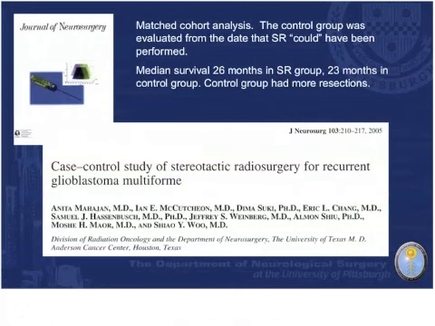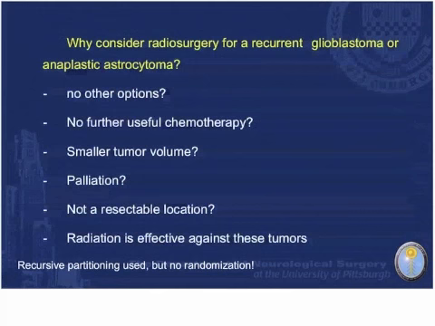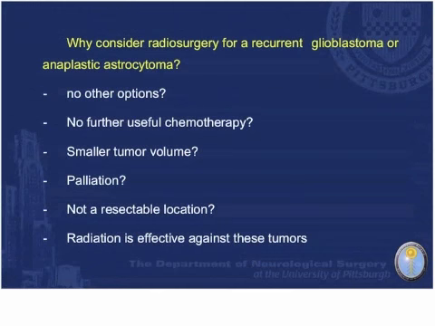Another study from University of Texas in this matched cohort analysis showing the same thing. Another study from Northwestern using the recursive partitioning analysis, but again, not randomized. Adjuvant radiosurgery at time of progression seems to improve overall survival, again, for highly selected patients.